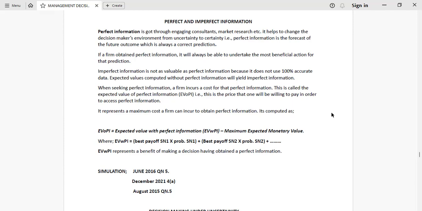So when we talk about expected values, I want to be clear on the other two terms that are confusing students: the expected value with perfect information and the expected value of perfect information. When we talk about the expected value of perfect information, we said it is abbreviated EVPI.